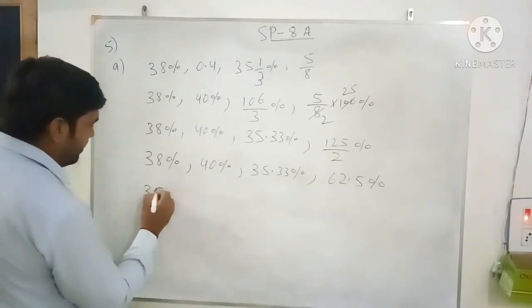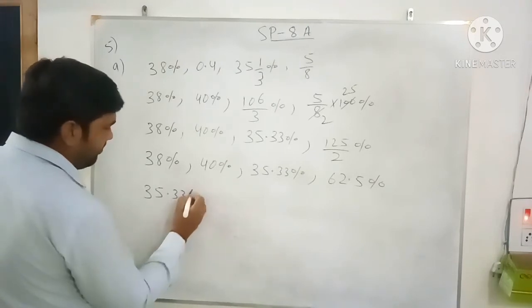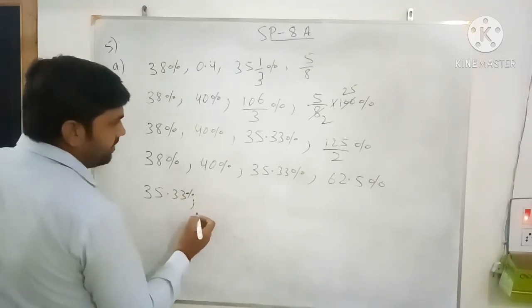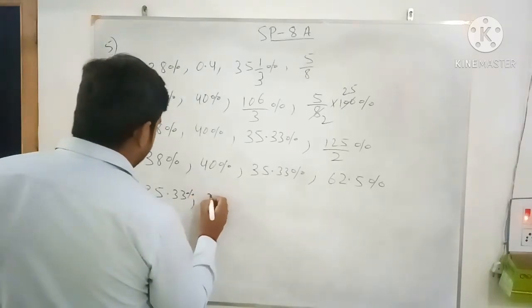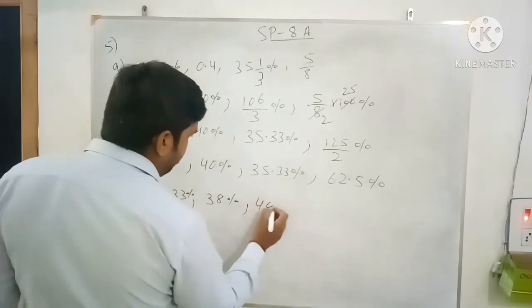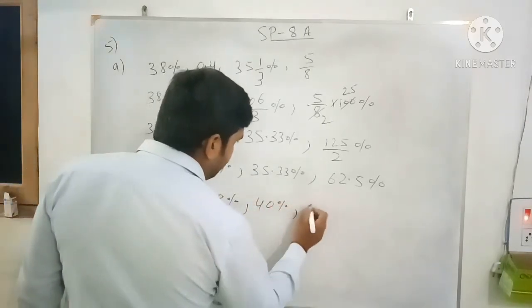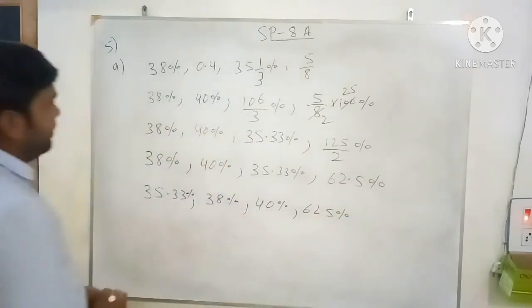Now you can write 35.33 first. Next is the 38%. Next 40%, and next 62.5%. Now see how we arrange.